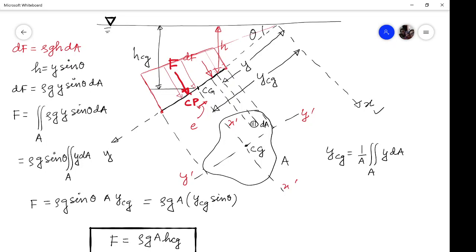Remember, in this analysis, we have assumed this line, this y axis, to be the symmetry axis. That is, the center of pressure will always be lying along this. If not, then we have to find out the location, that is, x center of pressure also. But in this particular case, it is assumed to be on this center line, on this symmetry line, so no problem at all. So in this lecture, till this point only.